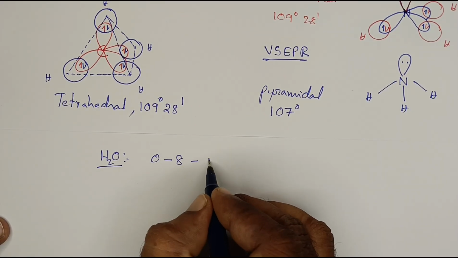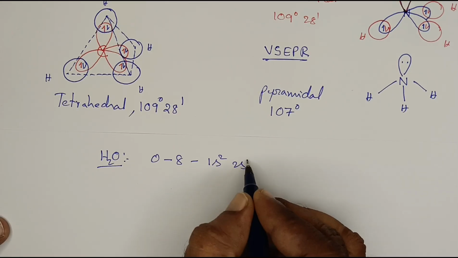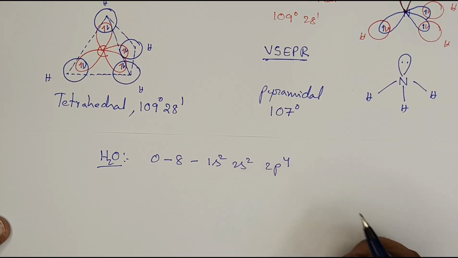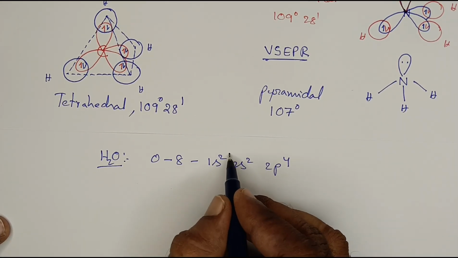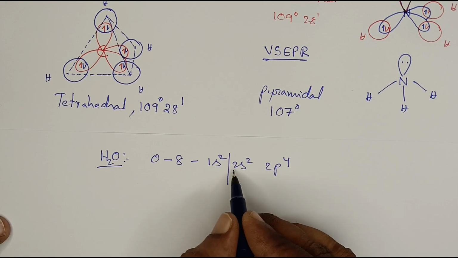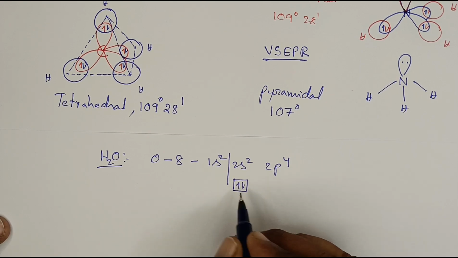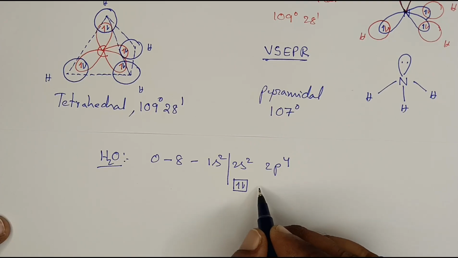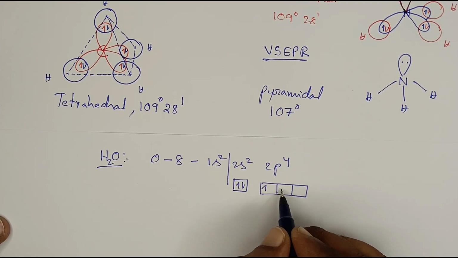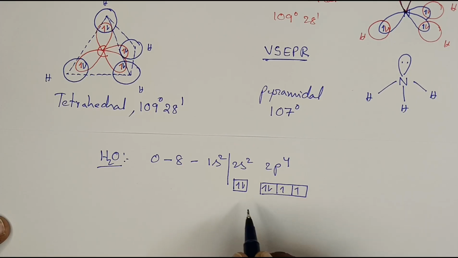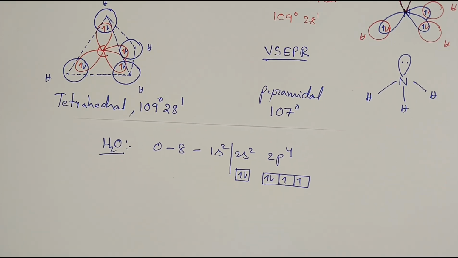So we can write 1s2, 2s2, 2p4. 1s2 is the first level and 2s2 2p4 is the second level. In the second level, it contains 2 electrons in the s subshell and 4 electrons in the p subshell.